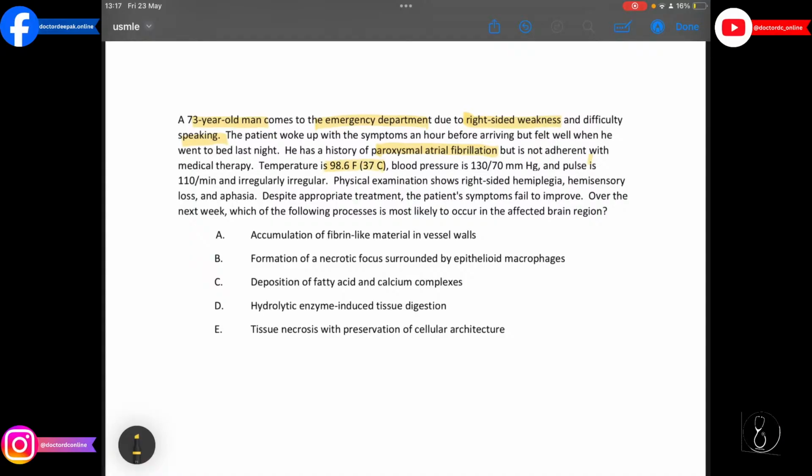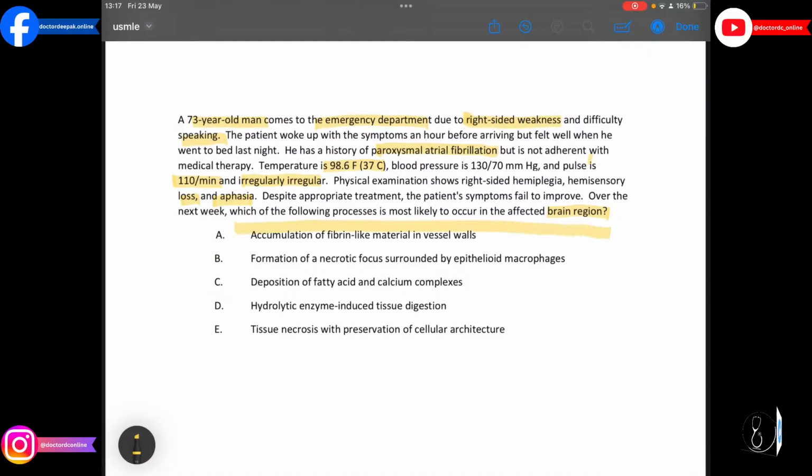Temperature is 98.6. Blood pressure is 130/70 and pulse is 110 per minute and irregular. Physical examination shows right-sided hemiplegia, hemisensory loss, and aphasia. Despite appropriate treatment, the patient's symptoms failed to improve over the next week. Which of the following processes most likely occurred in the affected brain region?